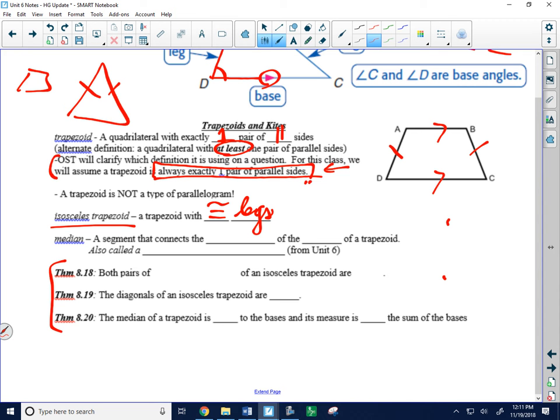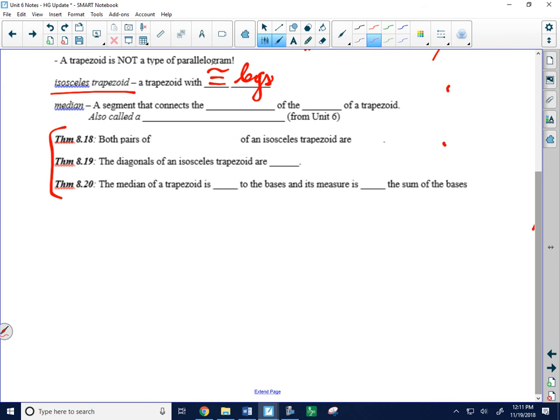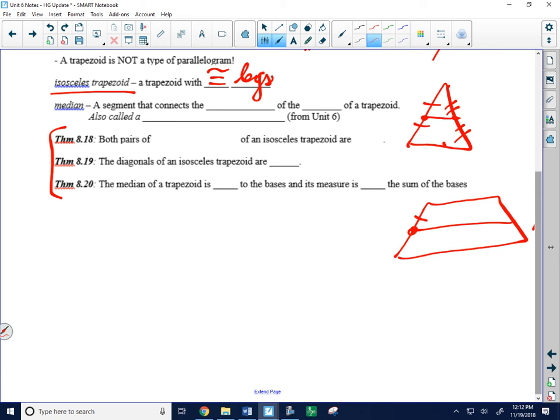And the other thing I need to tell you is a median. Now do you remember in a triangle there was this mid-segment? If these were midpoints, we called that a mid-segment. The median is the same thing but for a trapezoid. So if that's a midpoint and this is a midpoint, we call it a median, and it will again have similar properties.